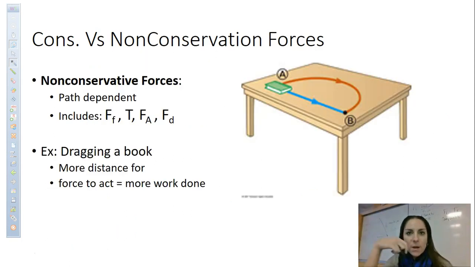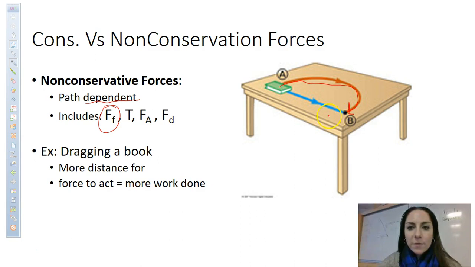Things that are not conservative are path dependent, which means that the force changes with distance. So what do you mean by that? First of all, our biggest one is friction. If you look at my little example right here, I could take a book and follow the red path from here to here, or I could follow this blue path.